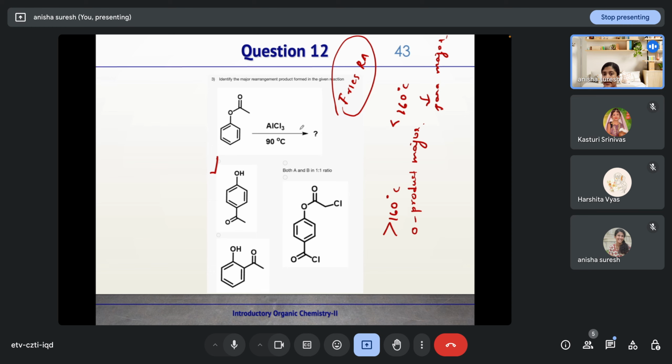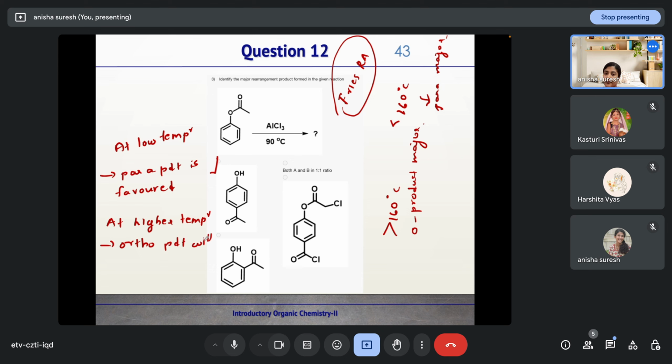So just to keep in mind, at lower temperatures, para product is favored. At higher temperature, ortho product will be favored.